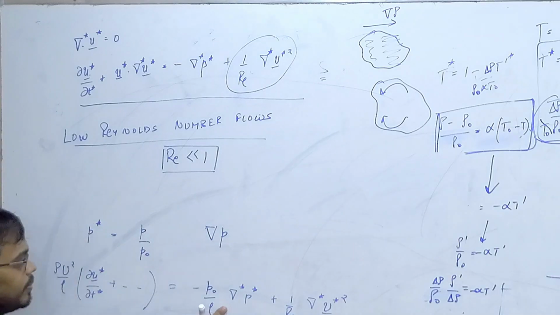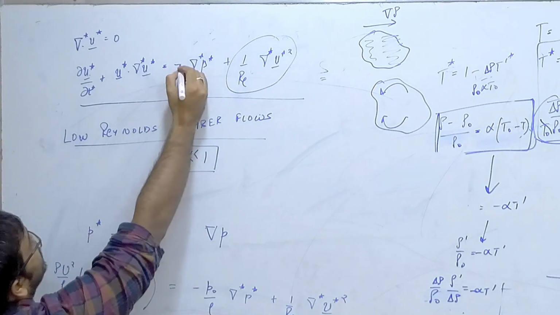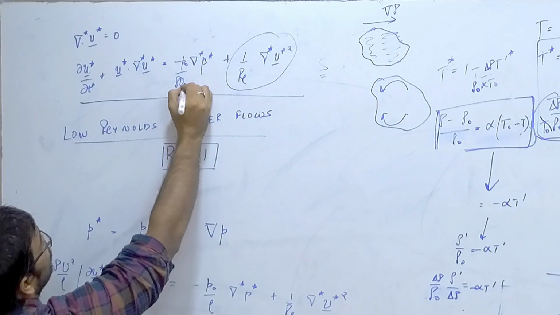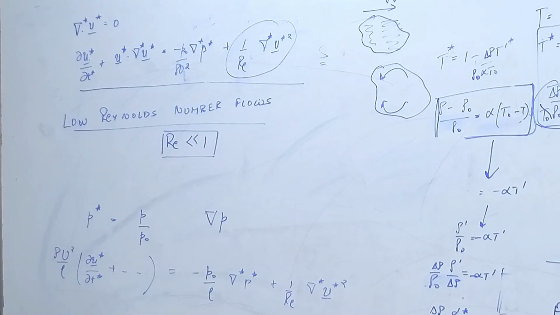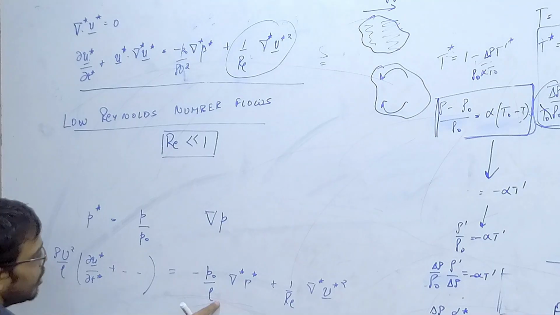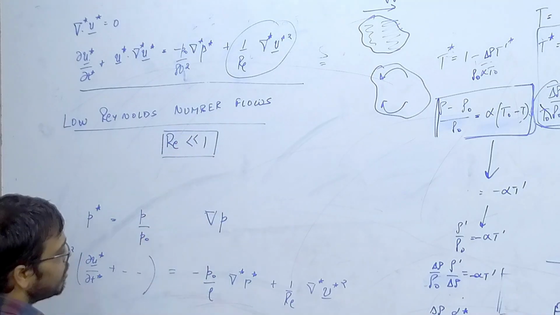In this equation I have actually eliminated this P naught over rho u square, and I have taken that Euler number is 1. Okay. That is not the whole story.